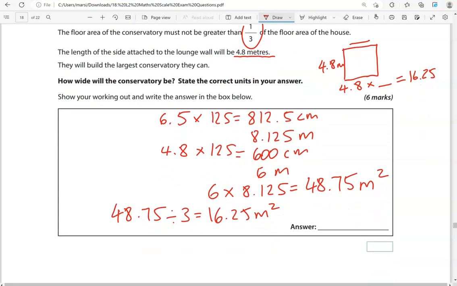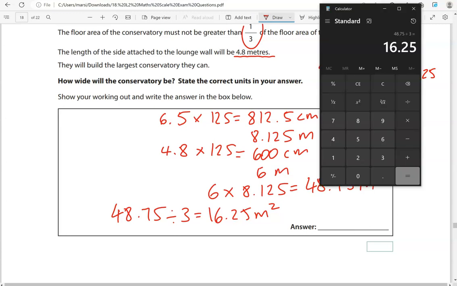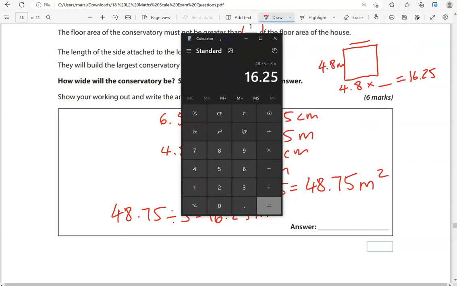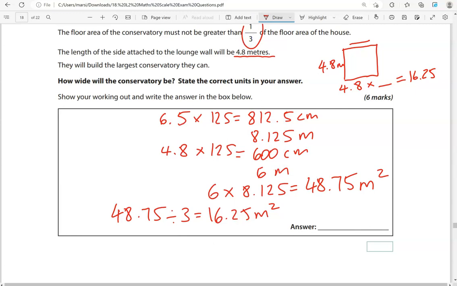So to find that missing number, we're going to do 16.25 divided by 4.8, which is 3.385 meters.